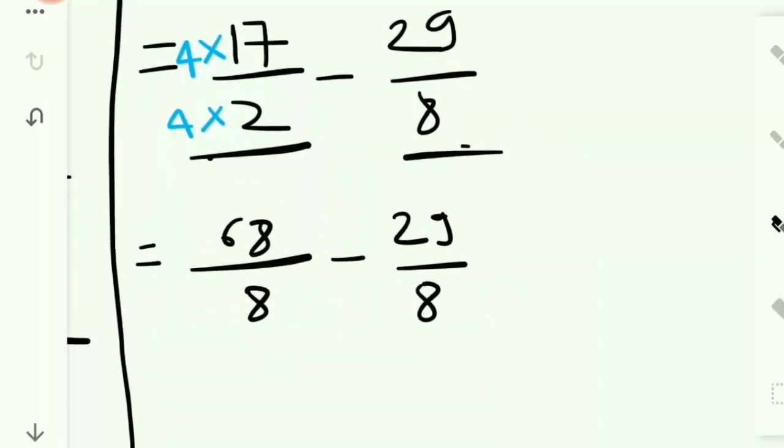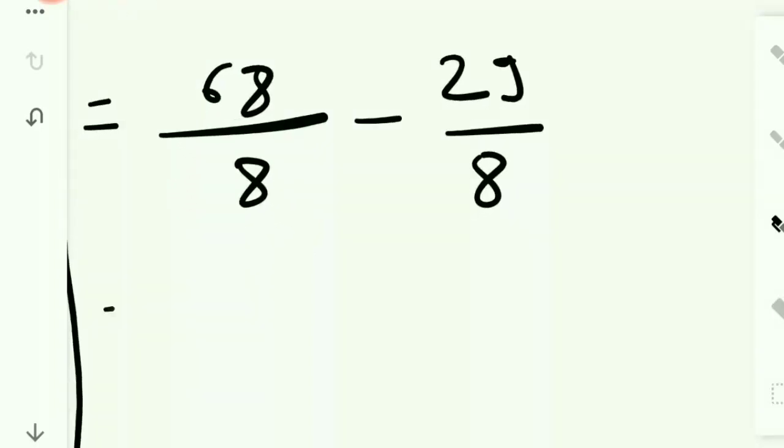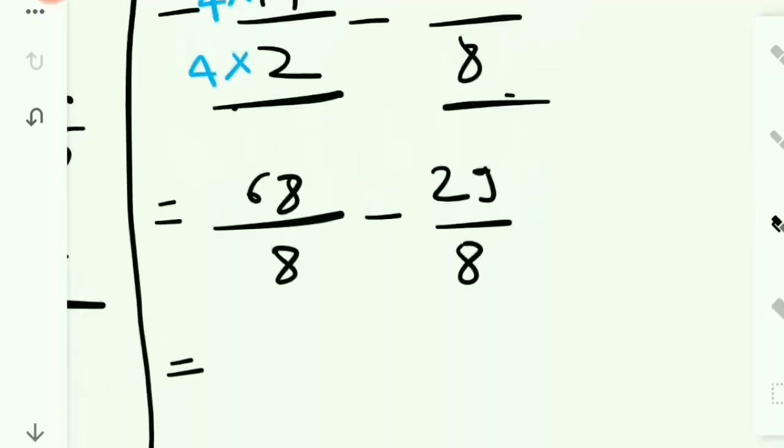To be able to calculate these things faster, you will have to first learn all the tables from 1 through 30. This will help you calculate faster and save time to multiply this manually, like 17 into 4.